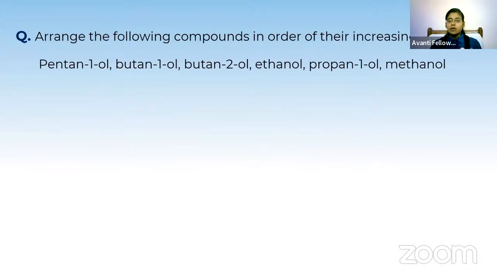Arrange the following compounds in order of their increasing boiling point. So we have 6 compounds: pentan-1-ol, butan-1-ol, butan-2-ol, ethanol, propan-1-ol and methanol. So what we have to do? How to arrange these compounds in the increasing order of boiling points.